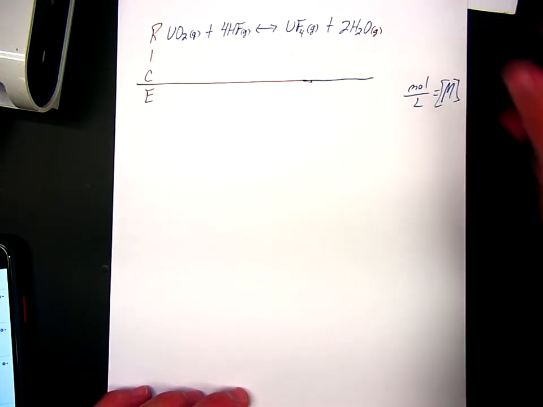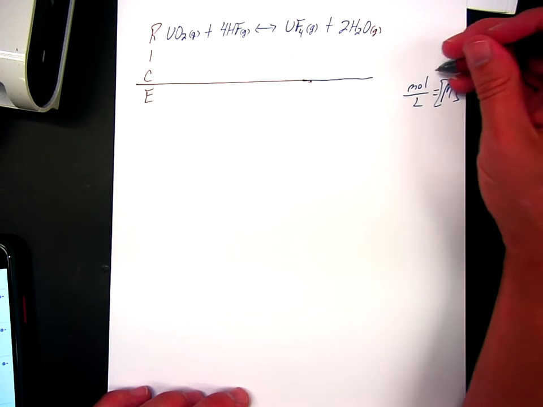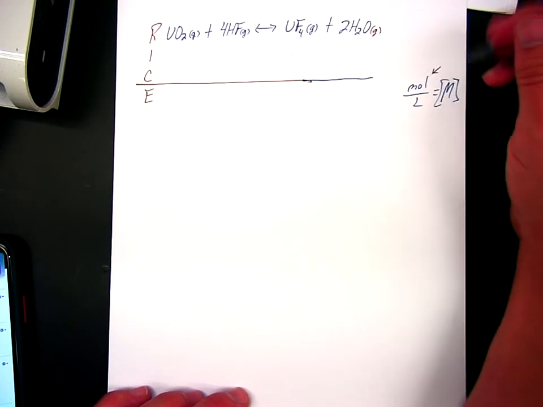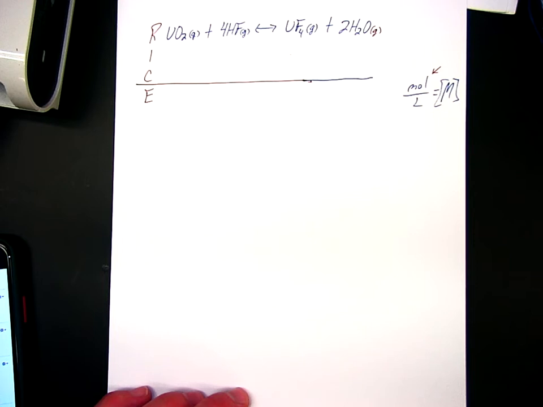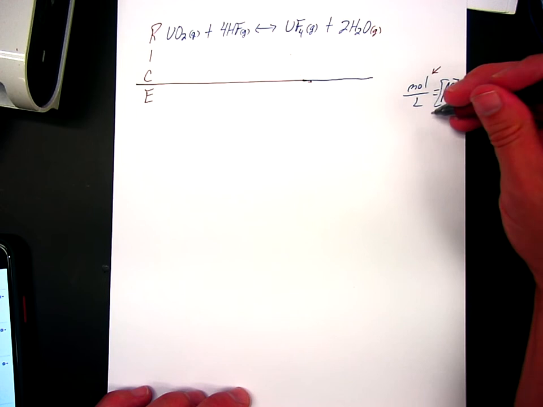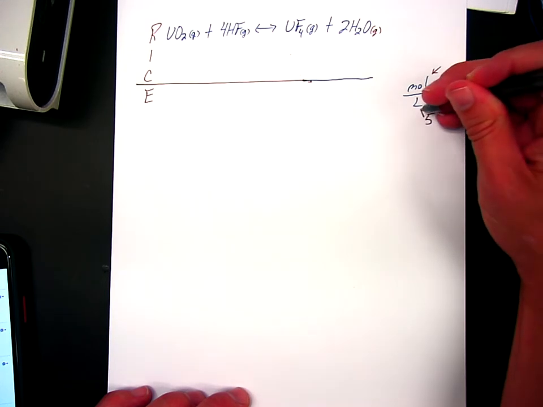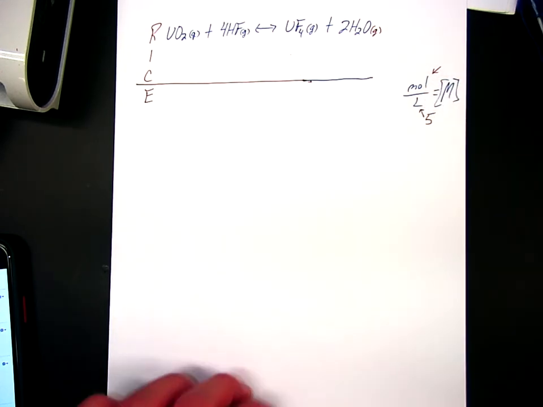So it's going to give us a whole bunch of mole counts for each of the substances. And then it tells me that the entire reaction is taking place in a 5-liter container. So in other words, we'll have to divide the amounts by 5.